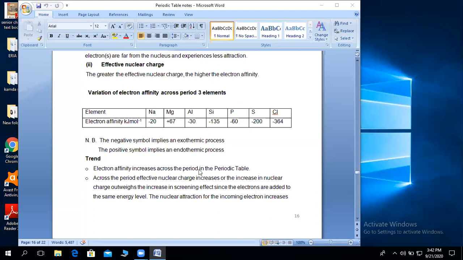Now, I want to add something. When you are explaining, don't say electron affinity increases across the period. This answer is no longer accepted. You say electron affinity increases across the period from, I'm adding it in my notes, from sodium to chlorine.